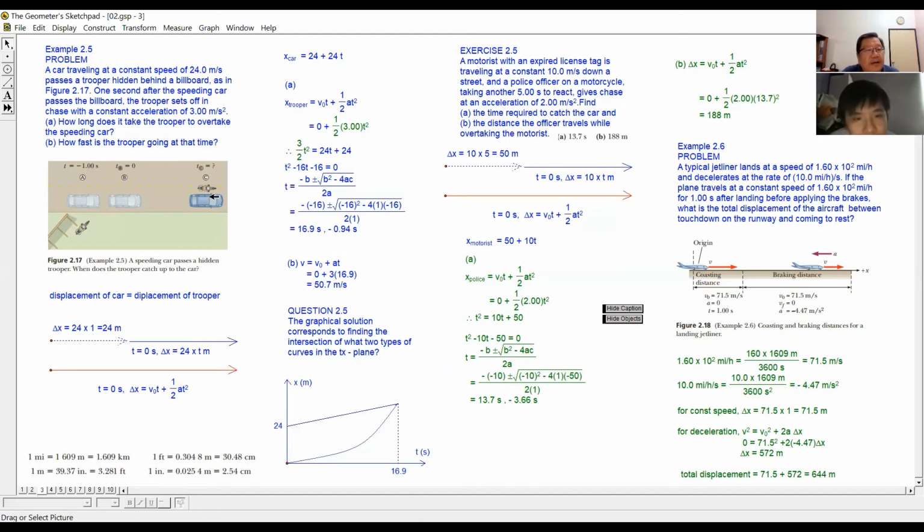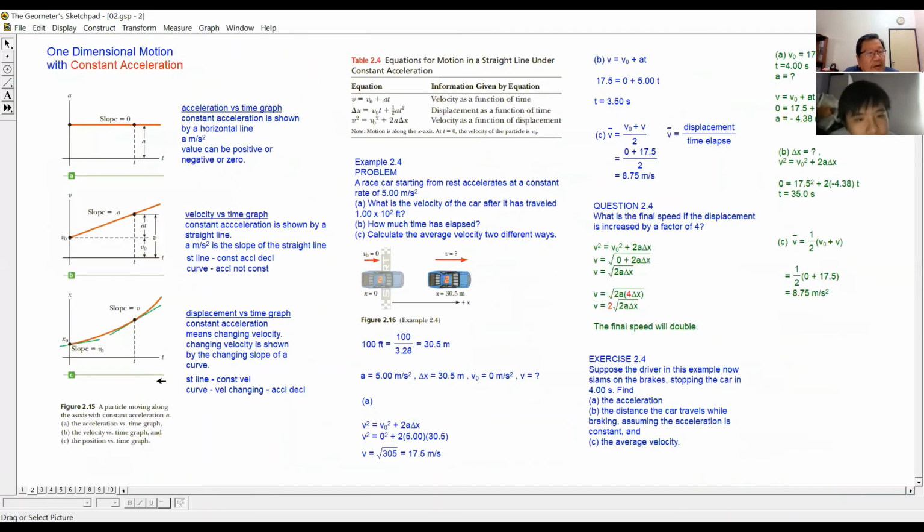Now for the policeman, the displacement time graph is actually a curve, like this. Because the policeman is accelerating, the velocity is increasing all the time. So it has to be a curve. Why?